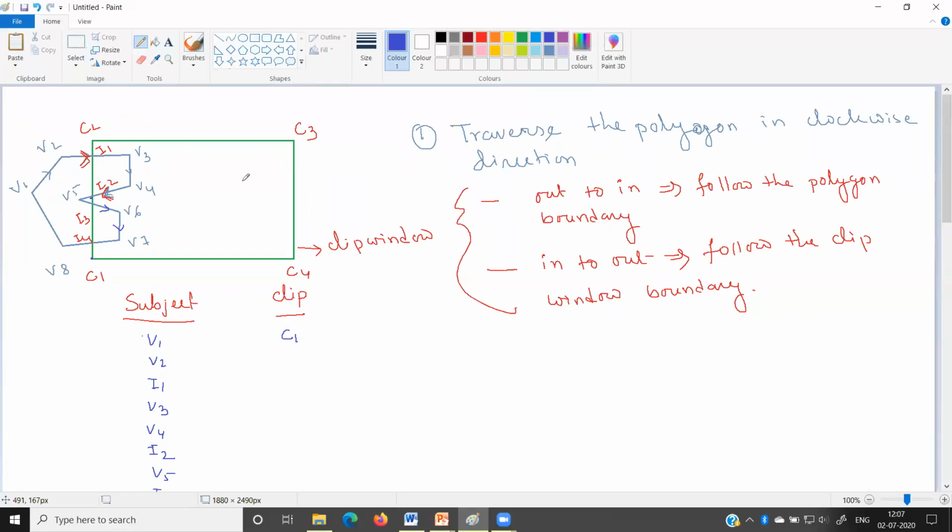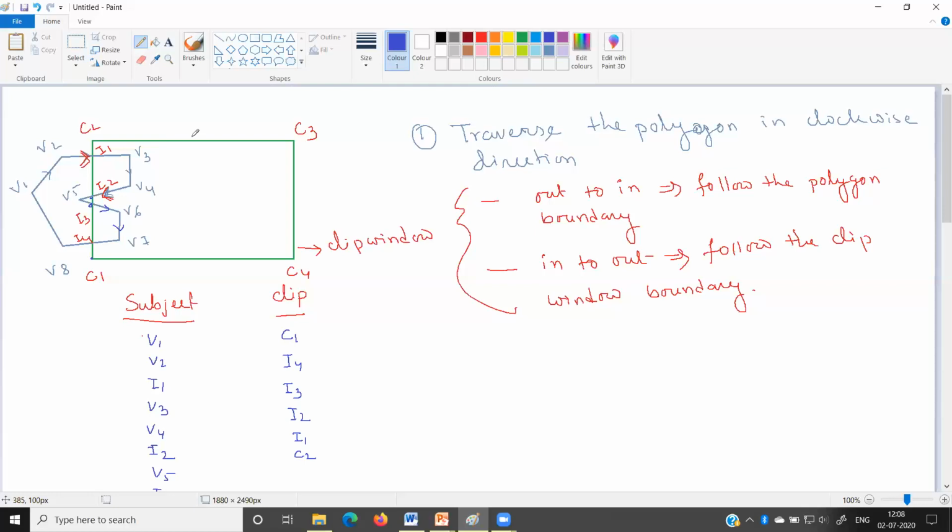We are moving in clockwise direction. From C1, the next point is I4, which is present on the boundary of the clip window. Now the next point is I3. After I3 comes I2, so I have to write down I2. After I2, the next one is I1, then C2.